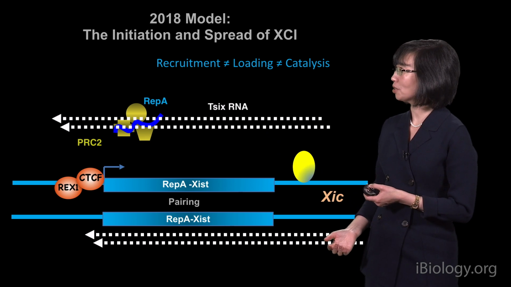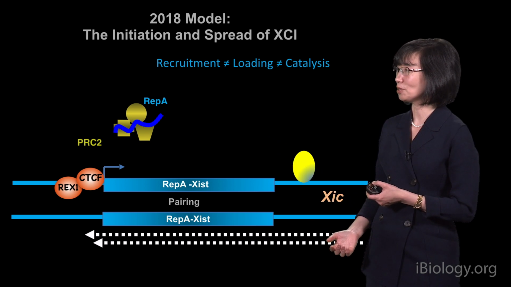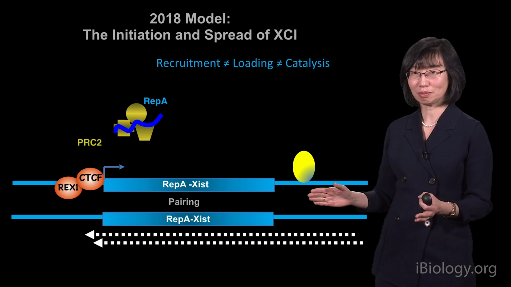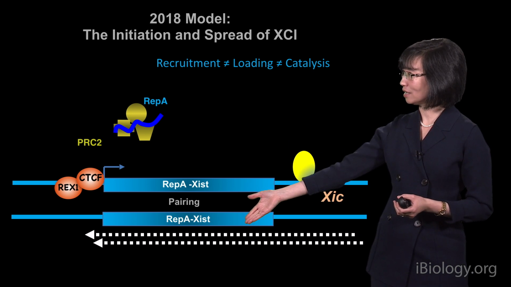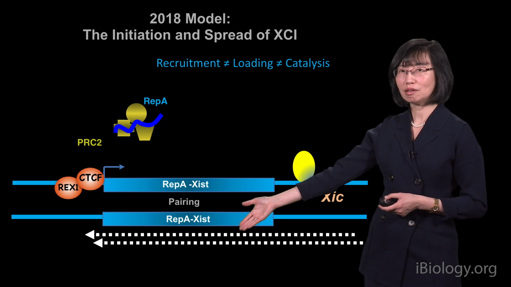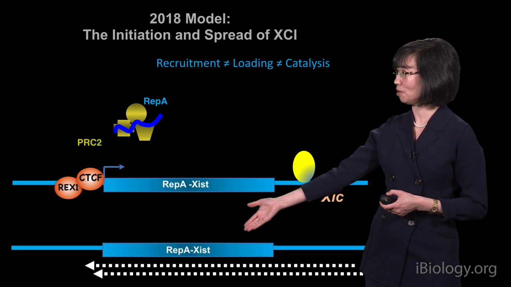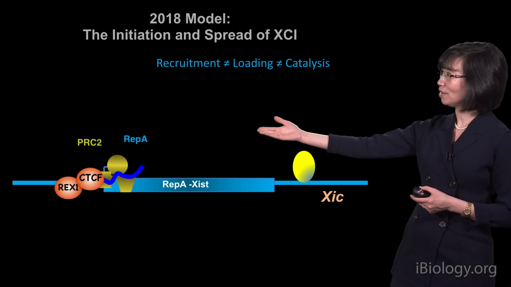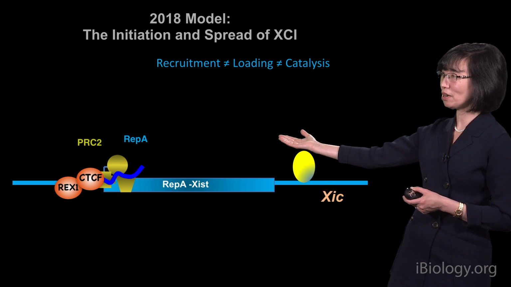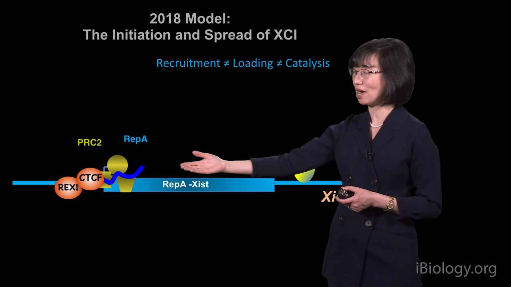So from the future inactive X chromosome, the antisense RNA disappears, while the antisense RNA persists on the future active X chromosome.